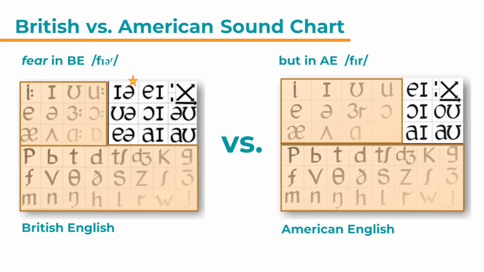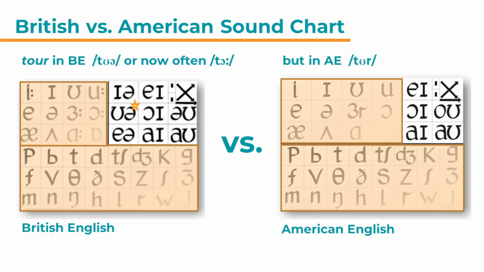So fear in British English is fear, in American English, fear. So it sounds very similar, I think, but it's really transcribed differently, and if you look carefully, you will notice that the schwa is missing. Fear. And therefore, the word is a little bit shorter.